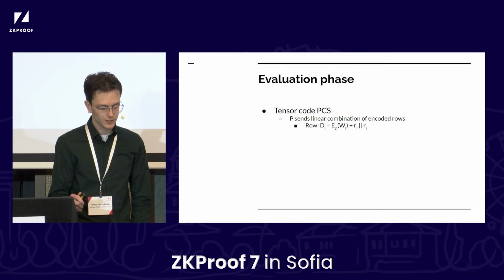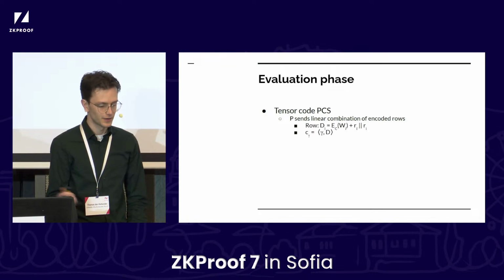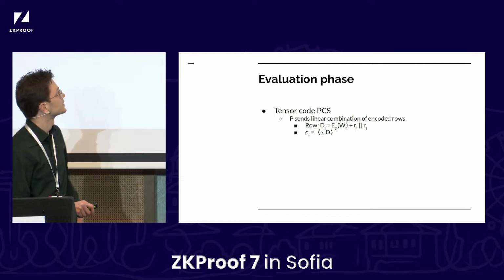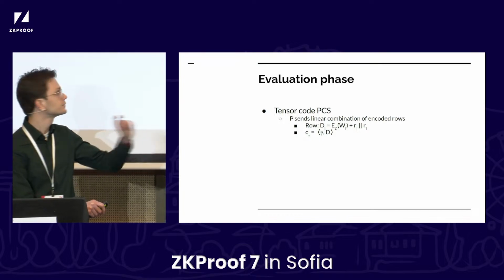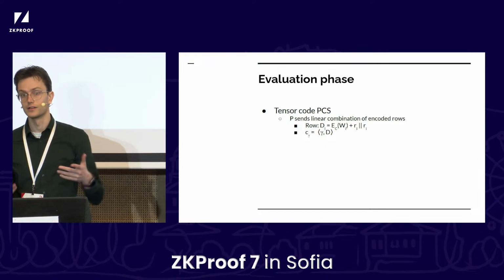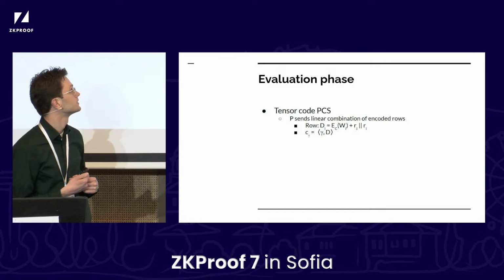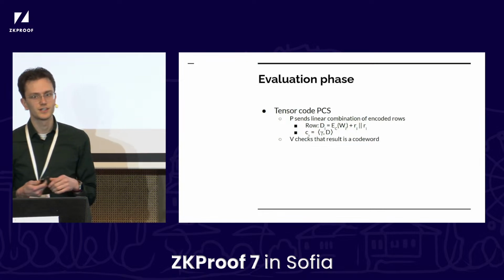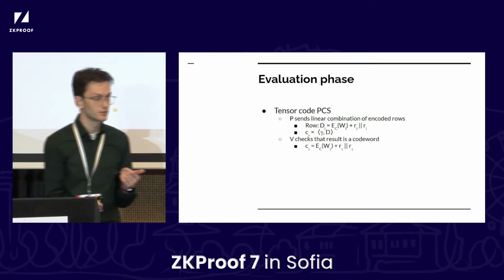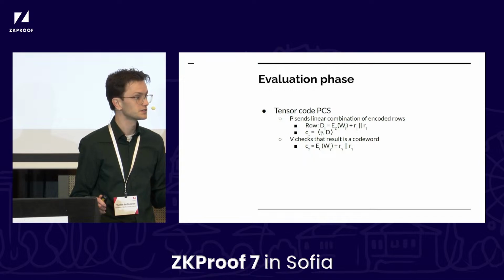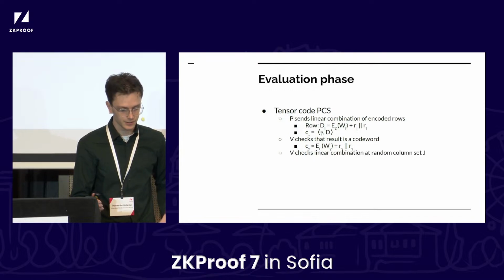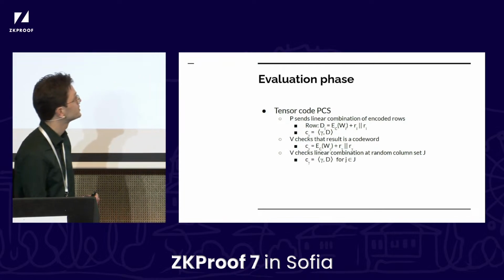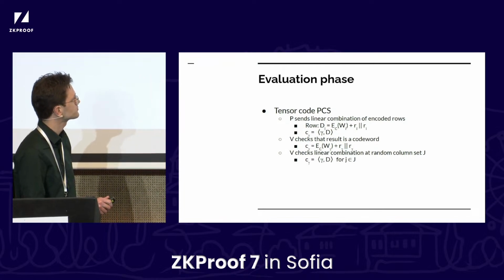So then the evaluation phase works as follows. Breakdown works by taking a random combination of these rows. So every row is this encoding, and then we take a random linear combination. So we take an inner product with gamma with these rows, and then the verifier checks two things, namely that the result is still a codeword, which should hold if it's a linear code, and then secondly, it checks that this linear combination is well formed.